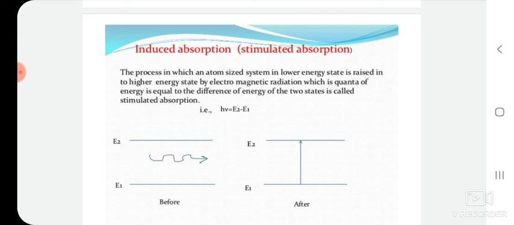So the first one is induced absorption, or stimulated absorption. In this case, if a photon of energy h nu collides with an atom present in the ground state of energy E1, then the atom completely absorbs that incident photon and makes a transition to an excited state.